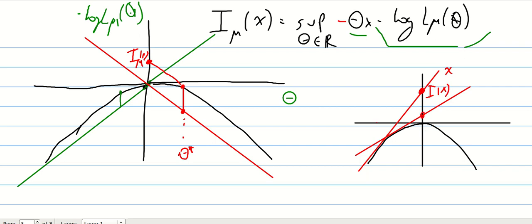So you see this is a kind of dual of the optimization problem.